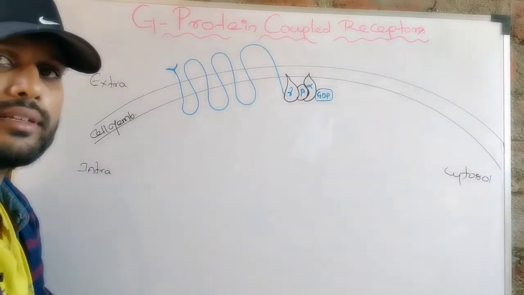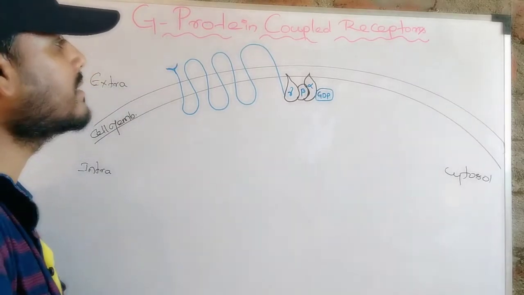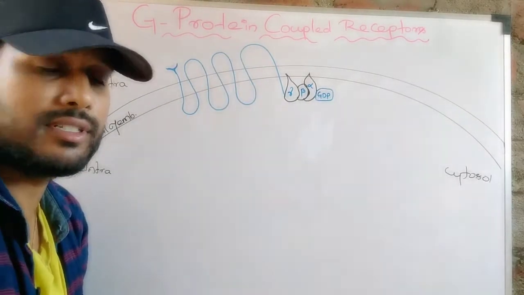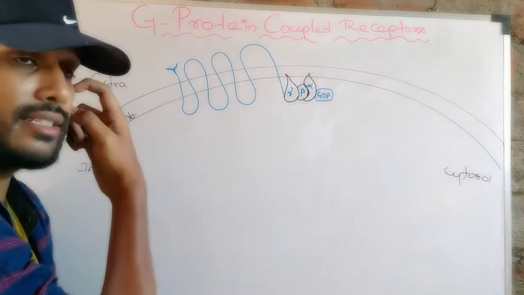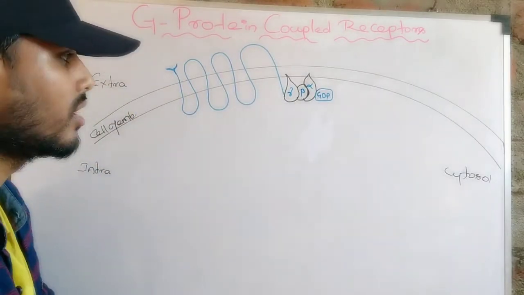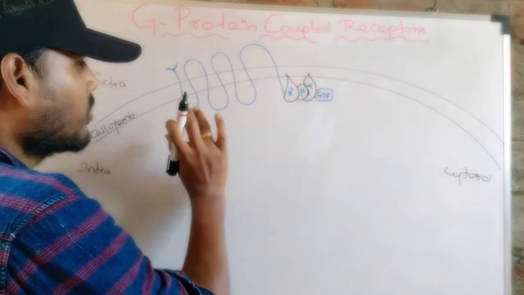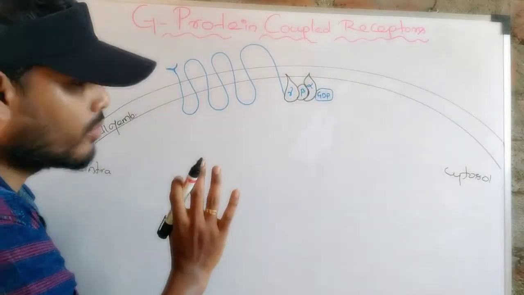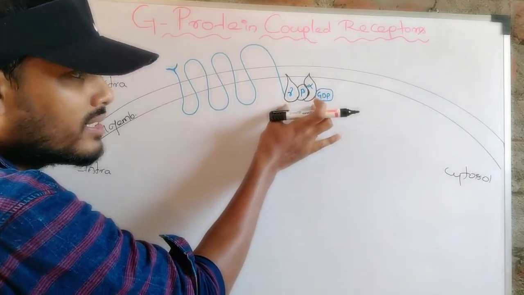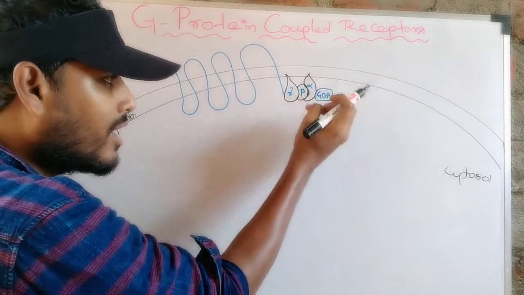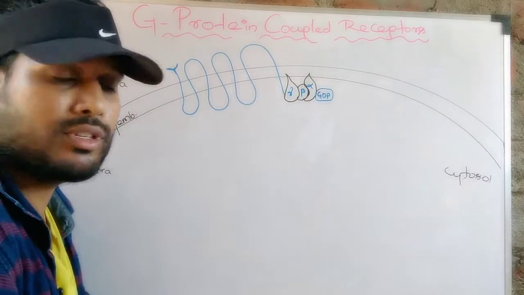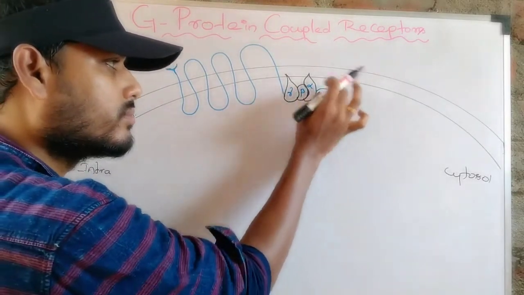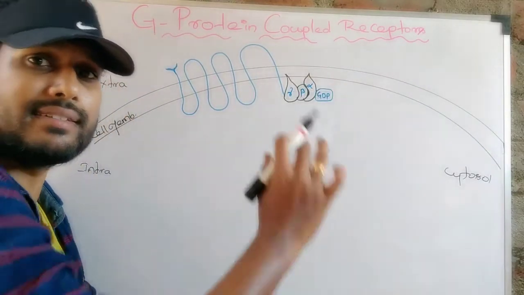Initially, before a signal is given to this type of receptor, the receptor structure is like this, before the receptor conformation changes. So, 7 transmembrane protein, and at the end of this receptor inside of the cell, we have alpha, beta, gamma subunits. To the alpha subunit, GDP, guanine diphosphate, is attached.